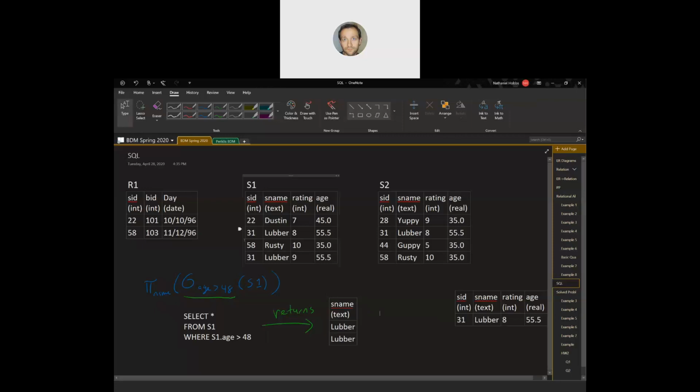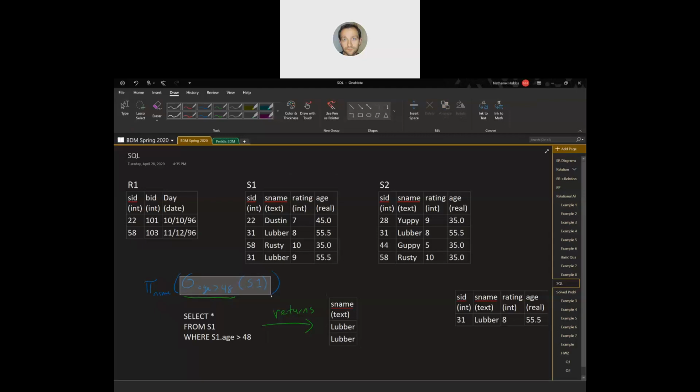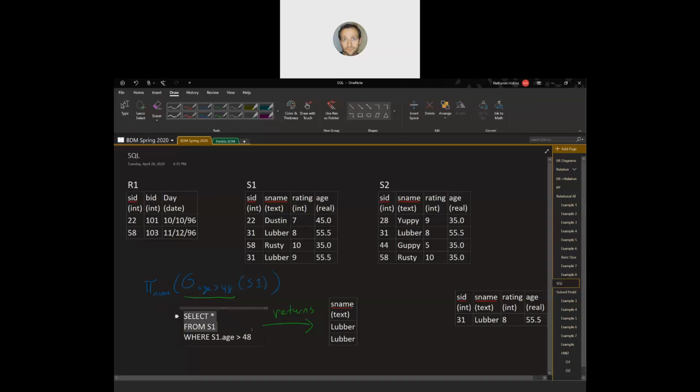And this is because in the same way that the select in relational algebra is something that's applied to every single entry in a set, the select in SQL is also applied to every single row in a table. So this row matches this condition, s age greater than 48, as does this fourth row, where the age is also greater than 48.